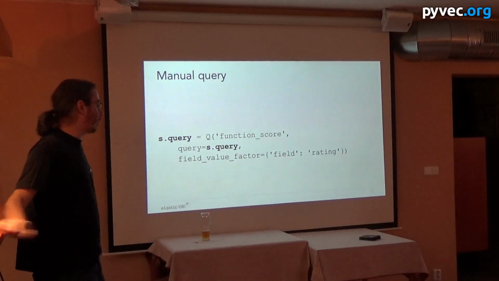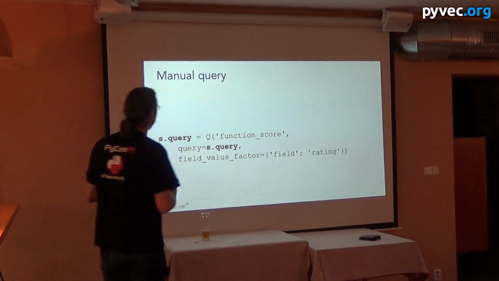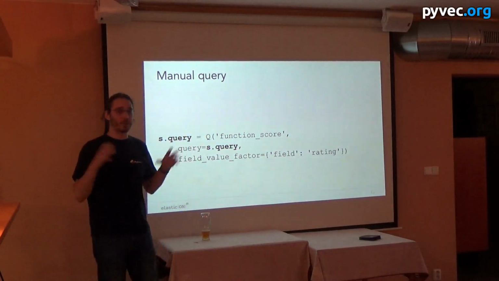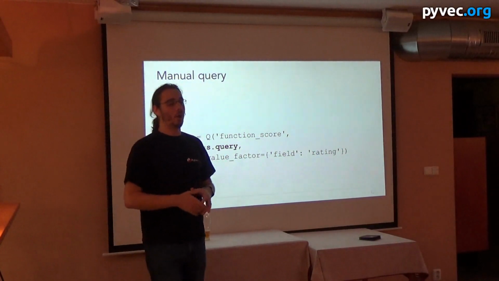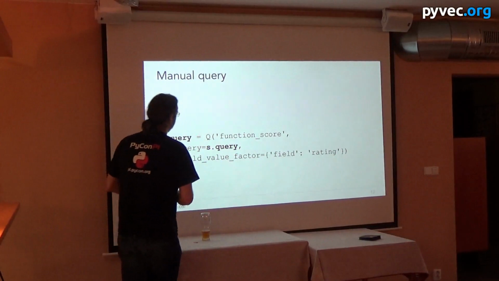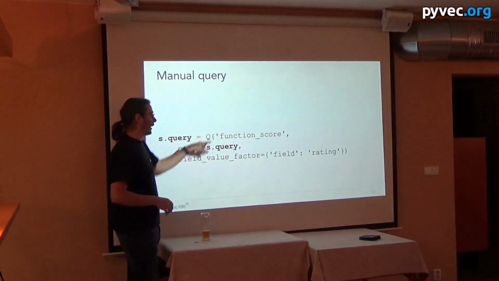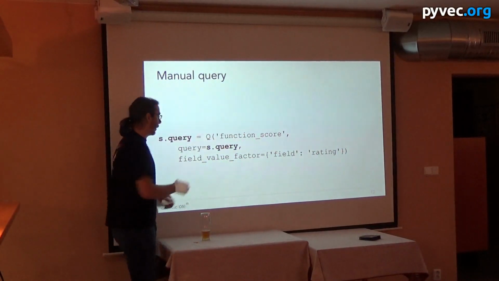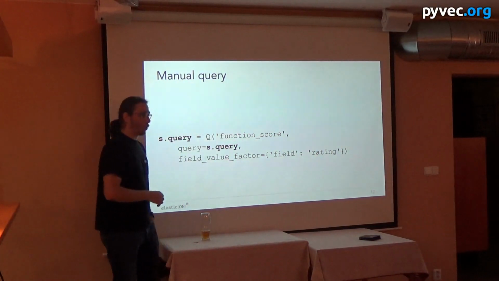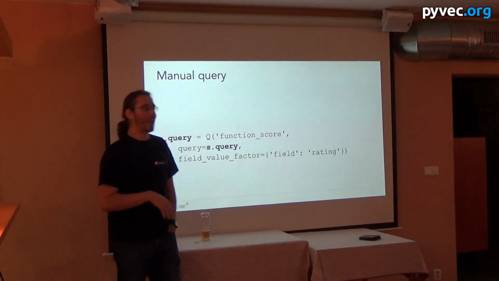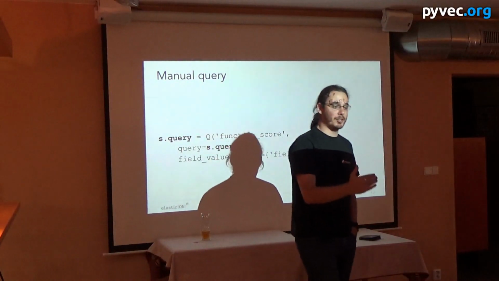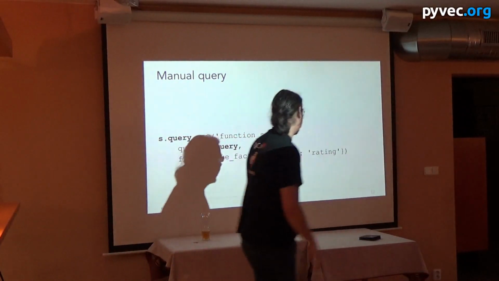So we can exclude stuff. If your level of OCD is high, you can just assign the query yourself. You don't have to rely on the library to compose the query for you. You can manually assign it. In this case, I'm using the mechanism to wrap it in a function score query. So I'm taking the query and wrapping it in the function score query, where I'm essentially telling Elasticsearch, hey, I know that you can tell me which questions match the best, but I also have this one piece of information.